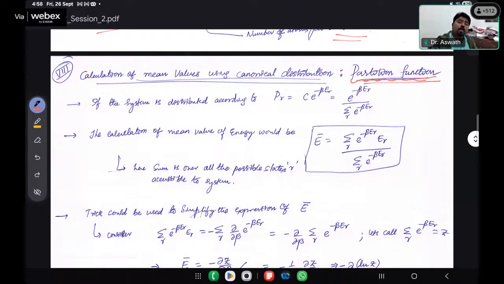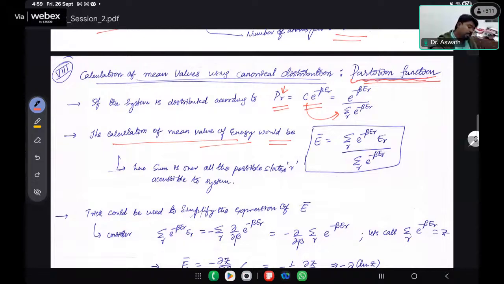If the system is distributed according to the probability distribution like this, where explicitly C is a summation of various combinations, the calculation of mean energy of the system would use the probability distribution, just like we did in the previous case.